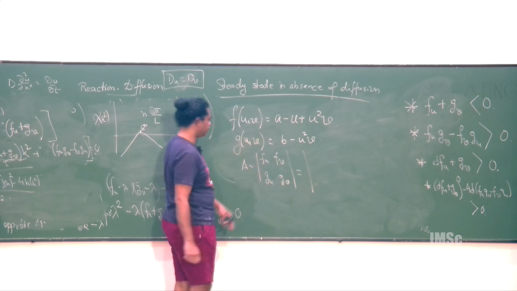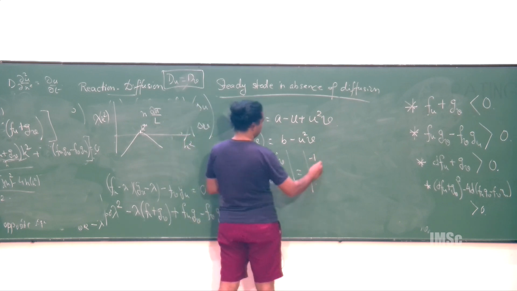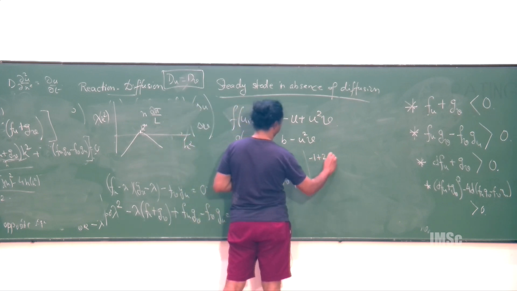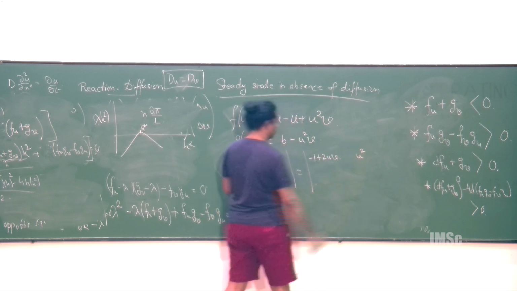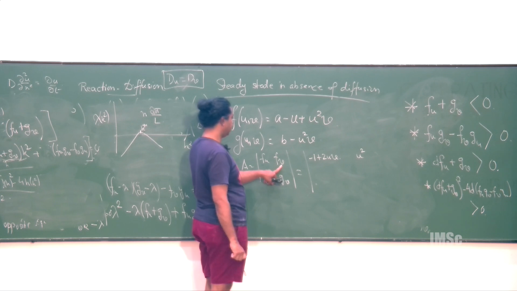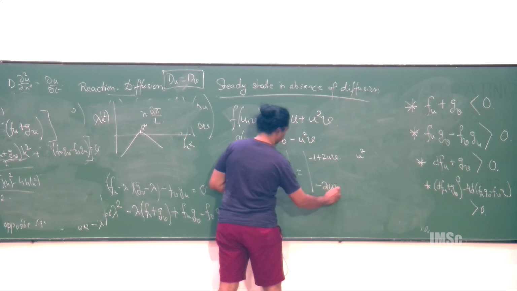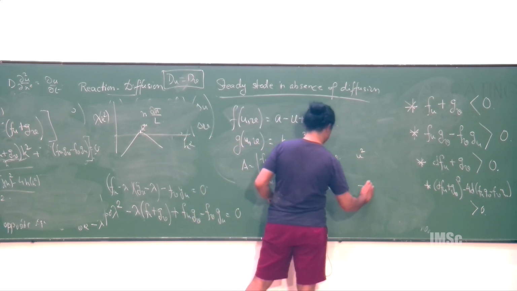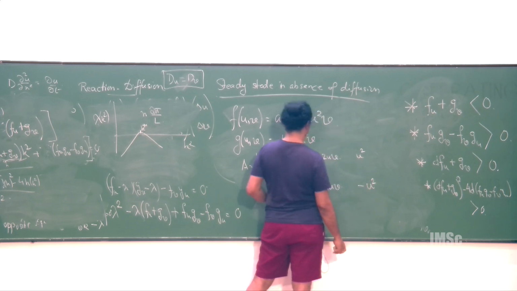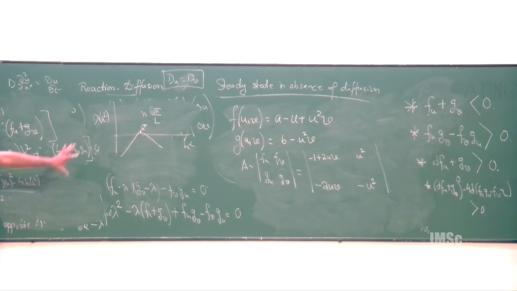For this particular case, del F del U is minus 1 plus 2uv, del F del V is u square, del G del U is minus 2uv, and del G del V is minus u square. So this is what I have for the stability matrix for this Schnackenberg kinetics.